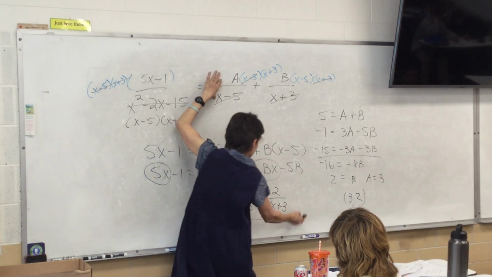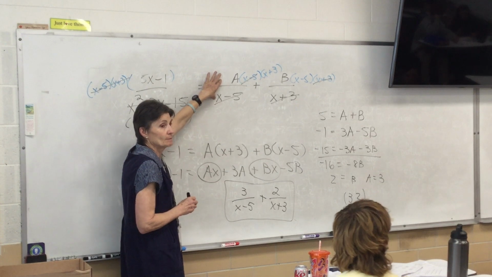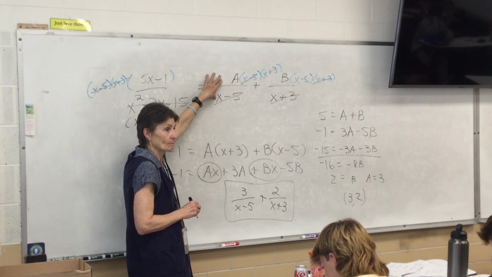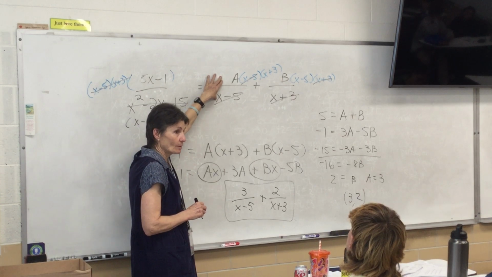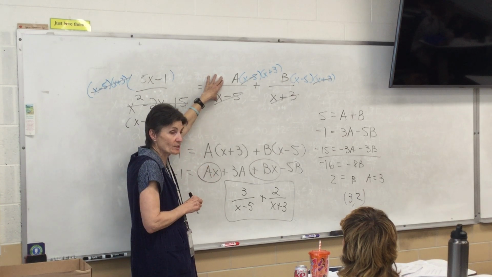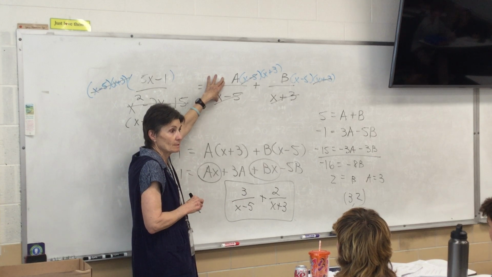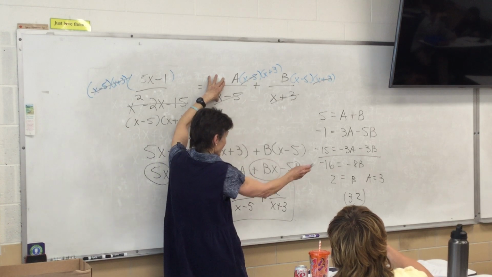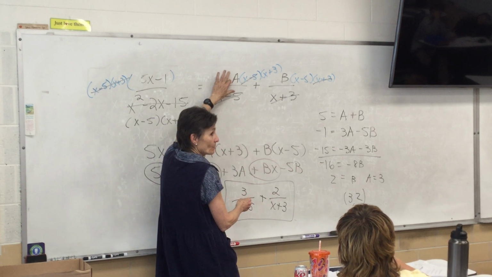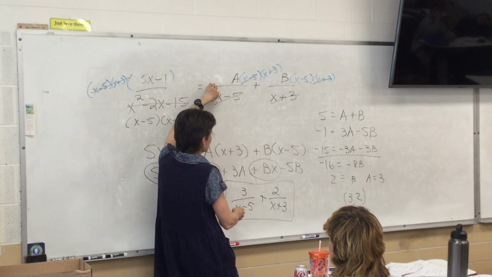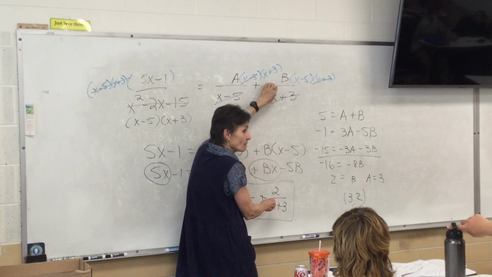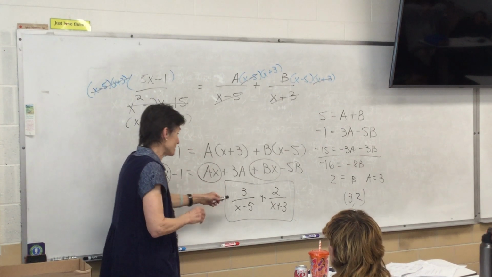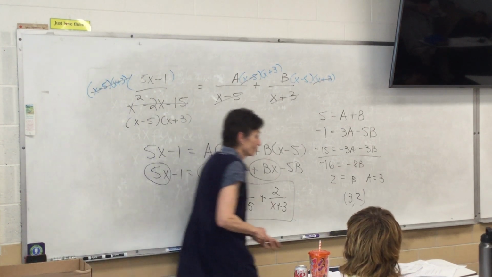This is the answer to the question. Okay, guys? That's the answer to the question. Please make sure that whatever your A value was, it goes where A was in the original equation. So A has to go over x minus 5, B has to go over x plus 3. And these, then, are the answer.